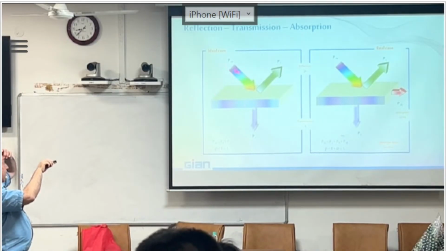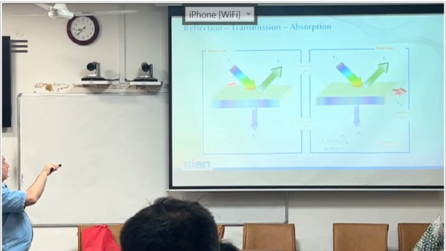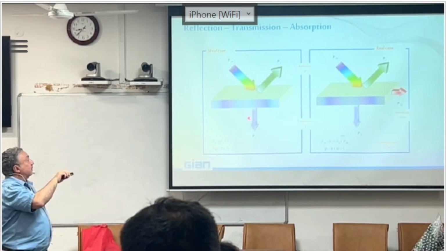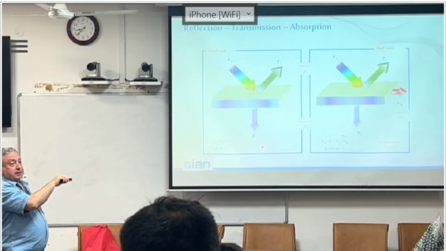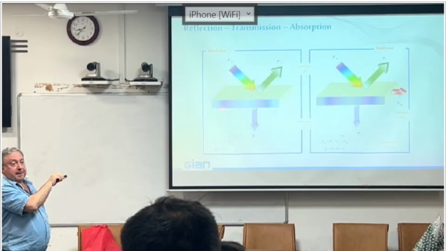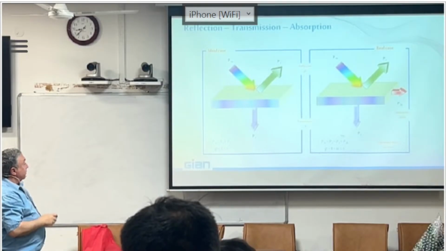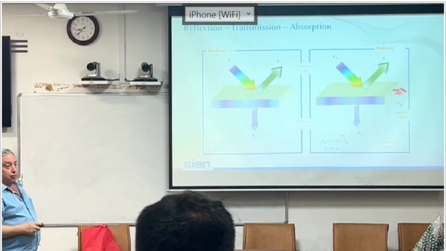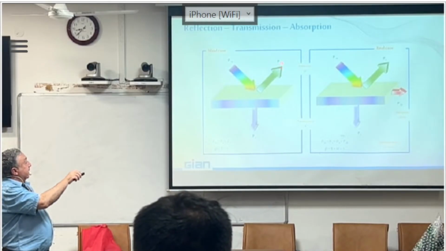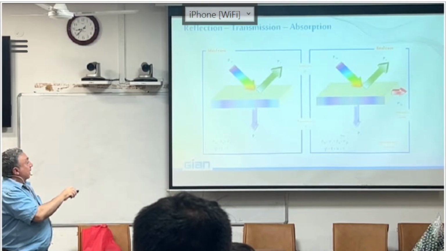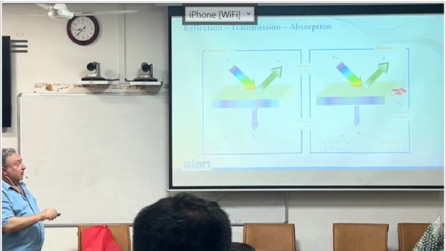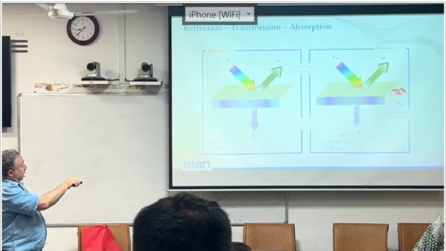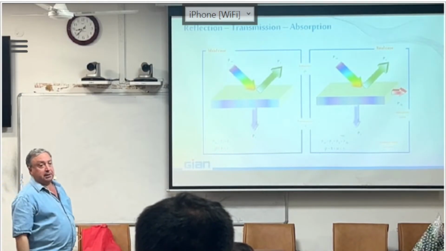When light arrives at a surface, if the surface is ideal, a part of that light will be reflected and a part will be transmitted if the material is transparent. Here, no absorption, and that means energy conservation: P_R plus P_T equals P_in. The reflection is characterized by a reflection coefficient ρ, and the transmission by a transmission coefficient τ.